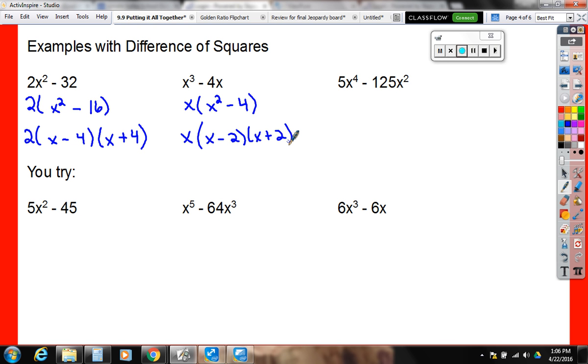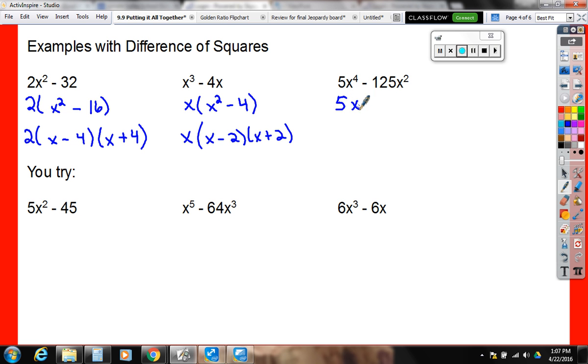Okay, next one. Anthony. What can I do first up there? Divide by 5. Okay, 5 is part of the greatest common factor, but it's not all of it. 5x, keep going, more than that. 5x squared. Good.